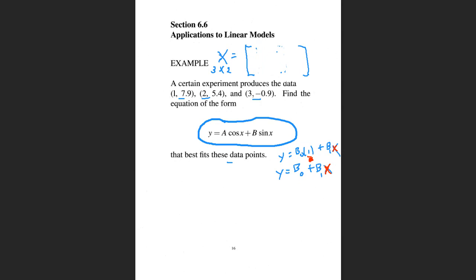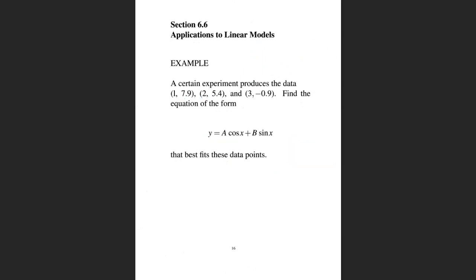Let me just do this again. Tell you what, let me do this a little differently. What's the observation vector? What are the y values?